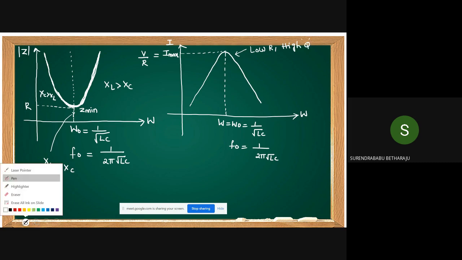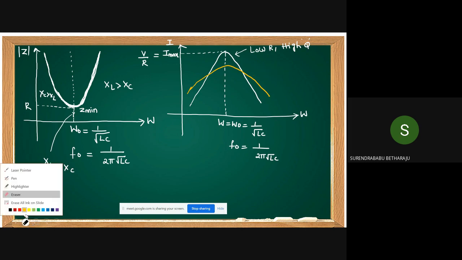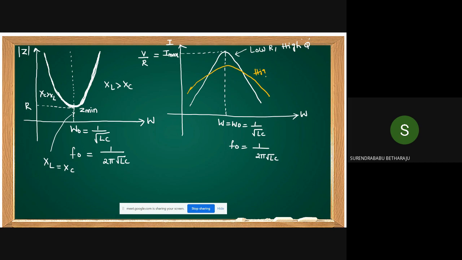If the quality factor of the coil is low, we may expect a curve like this, for high resistance, low quality factor. Is it okay, students? Any doubt here? This is how to draw the I versus omega curve.